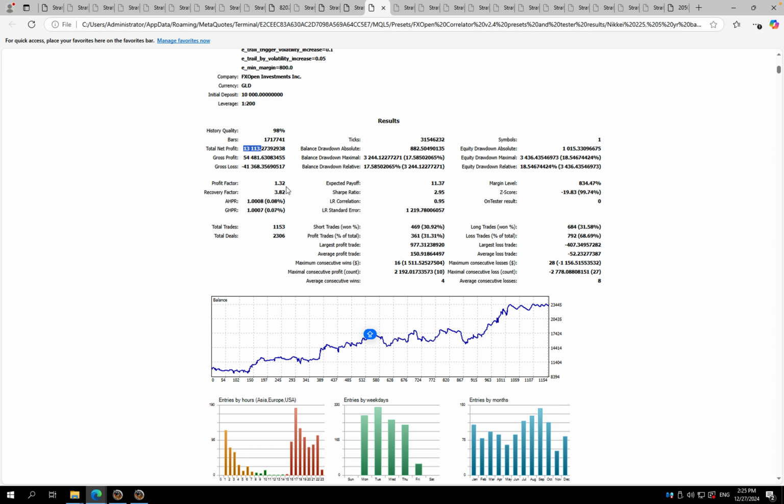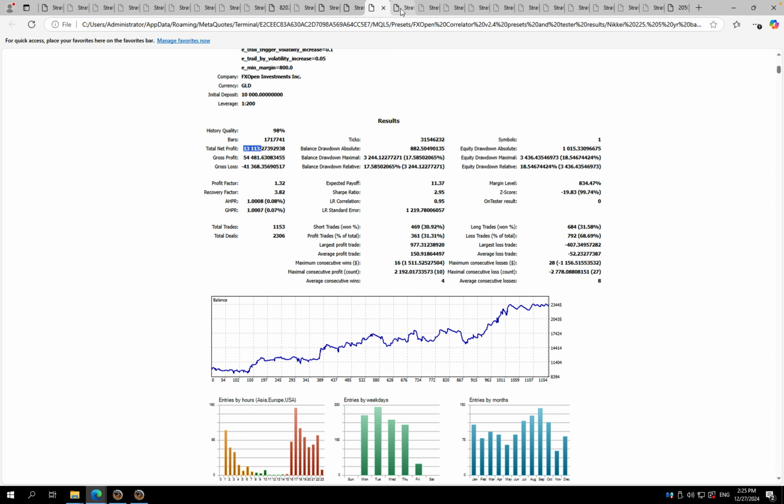So again, 1.32 profit factor, drawdown maximum of 18%, which is healthy, and an average profit of 150 compared to an average loss of 52. So that's very positive too.